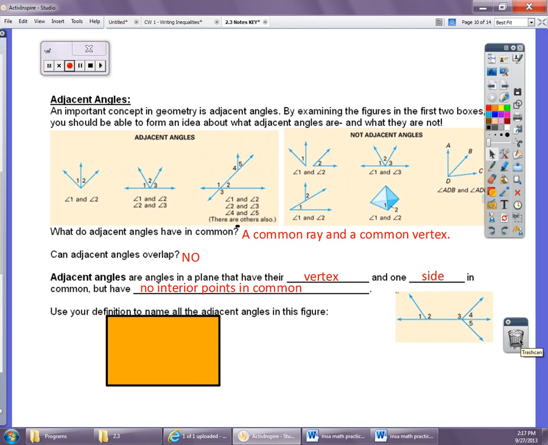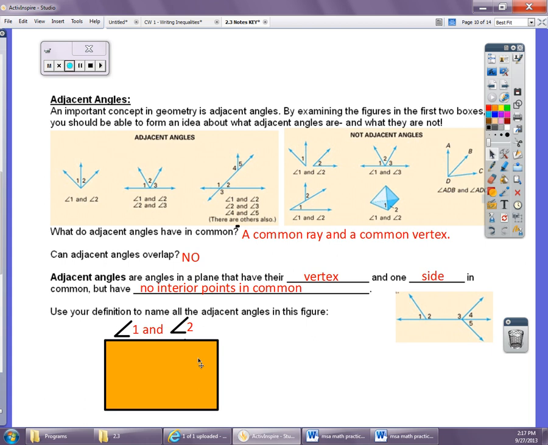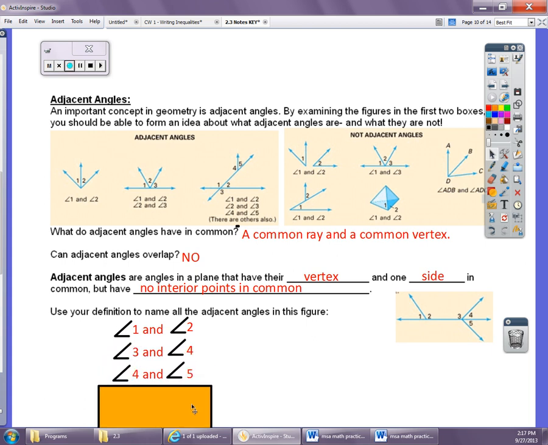Use your definition to name all the adjacent angles in the figure. The adjacent angles are angles 1 and 2, 3 and 4, and 4 and 5. So this was our note on writing a good definition.